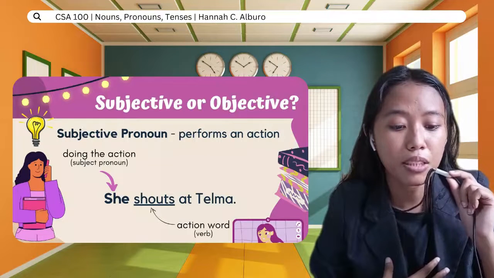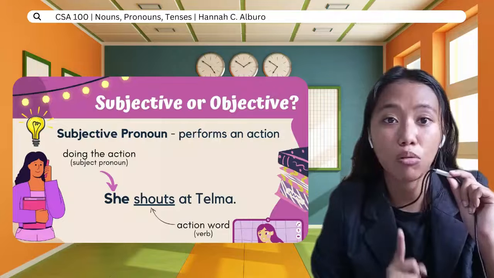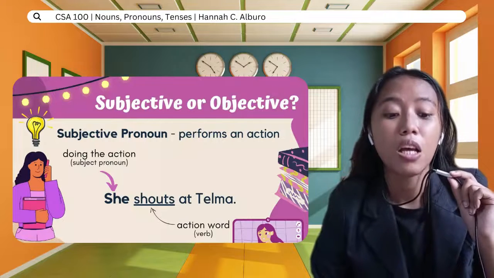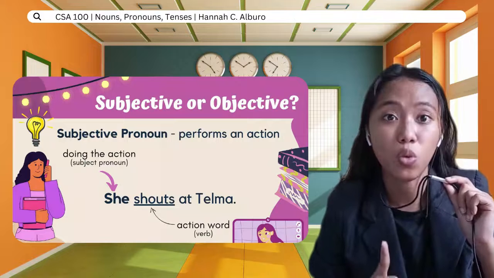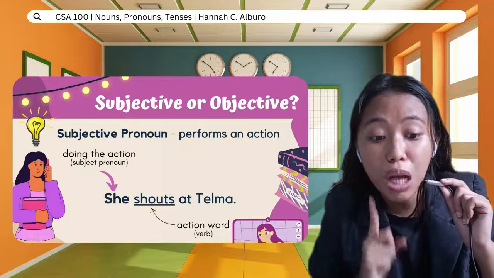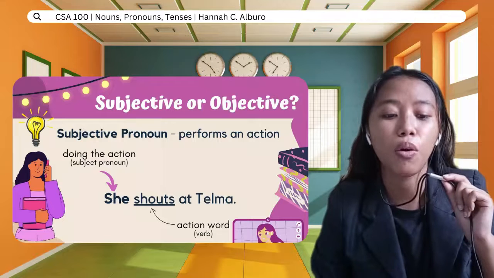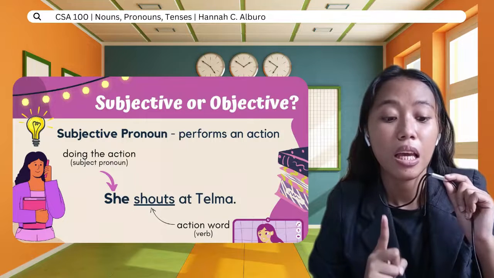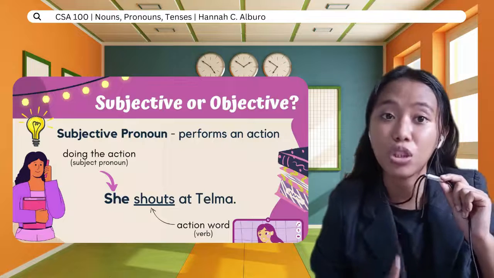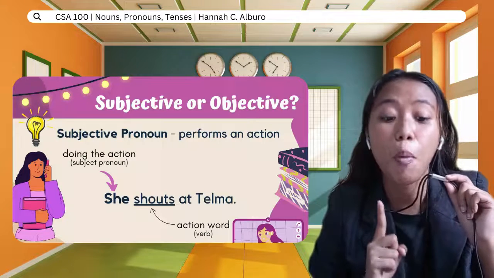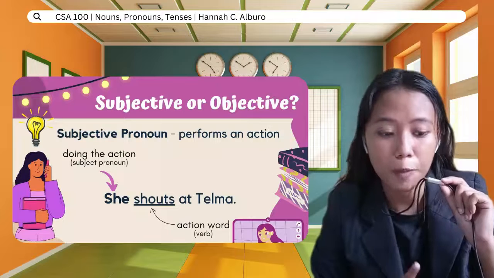Take for example the sentence, she shouts at Telma. The pronoun here, she, is the one doing the action of shouting. Therefore, the pronoun she is the subjective pronoun.